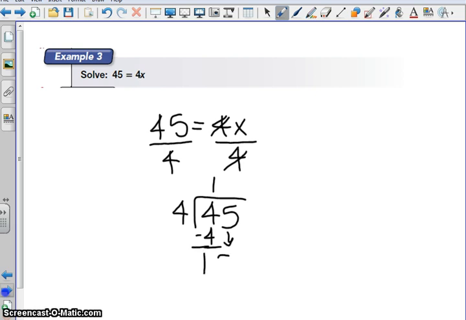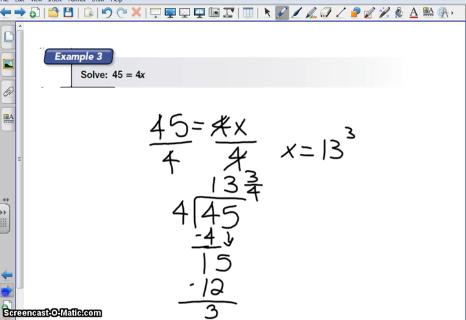Bring down the 5. 4 goes into 15 3 times with a remainder of 3. So x equals 13 and 3/4.